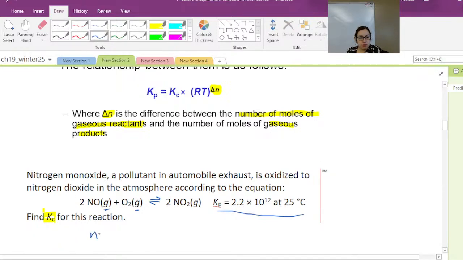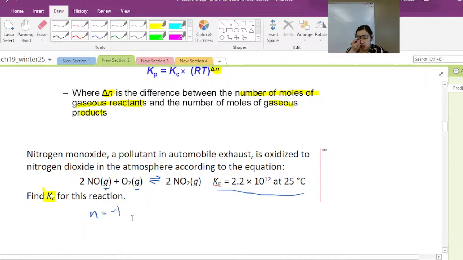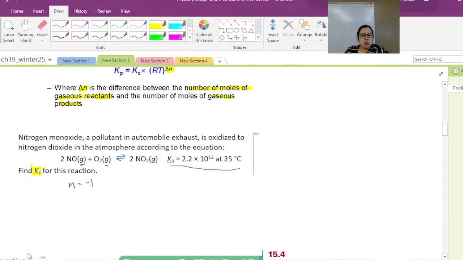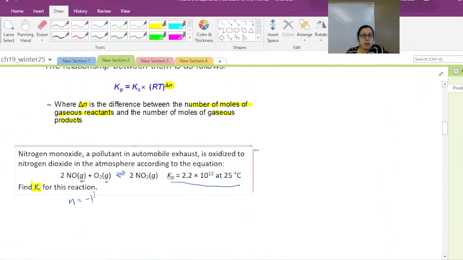So change in n equals -1, right? We have 2 minus 3. Good, so we have a change of -1 for our moles. Now we can just plug that in, not too bad. We're trying to find Kc, so now we just have to plug in everything.